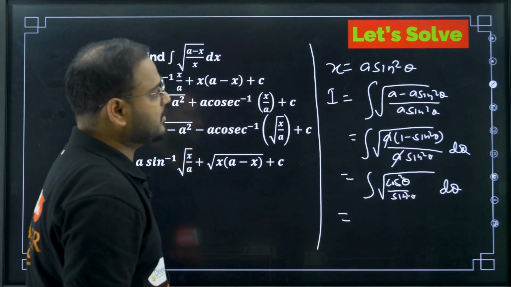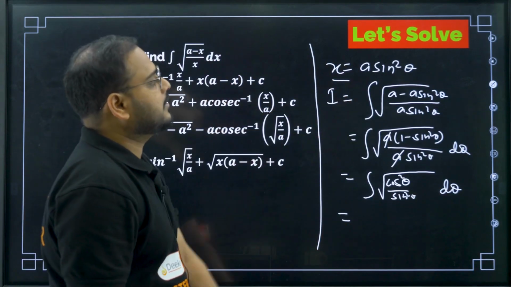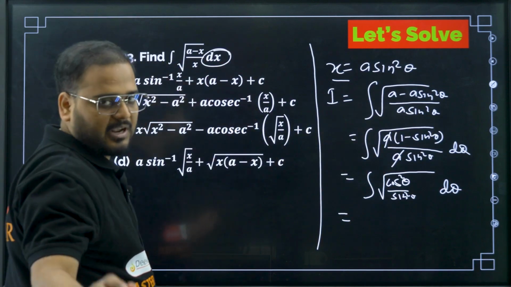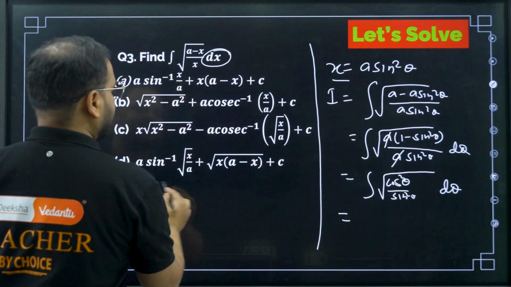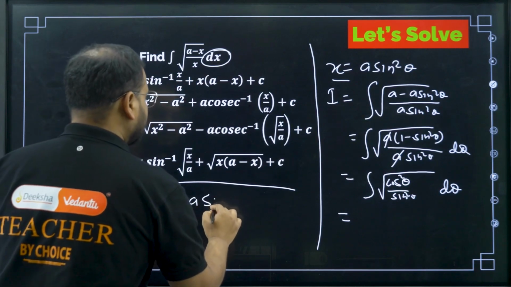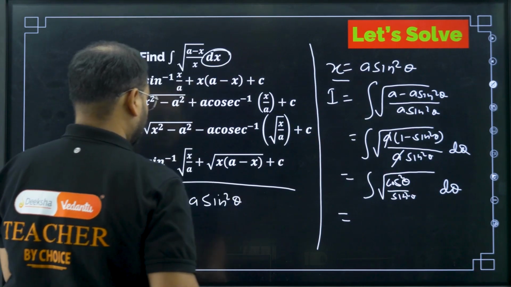One more thing, I have to write the differentiation of this also, right? I am writing this directly as d theta, but there is a dx over here, and I have missed that part. So let me do it on this side. My x equals a sin square theta. What is dx going to be?